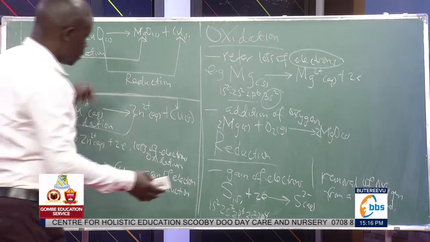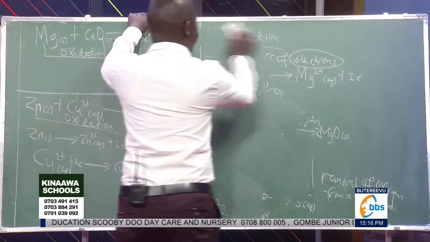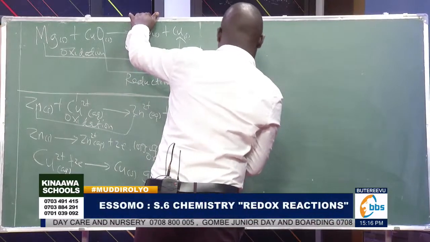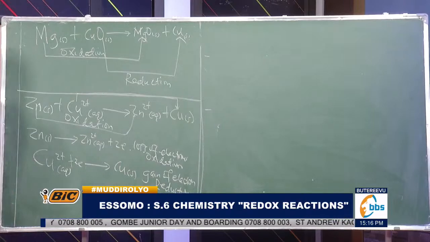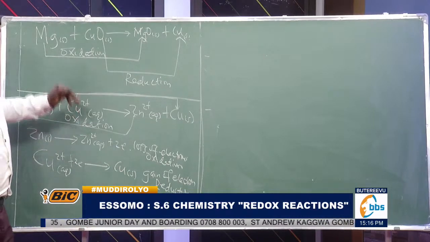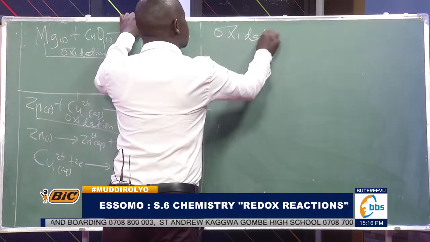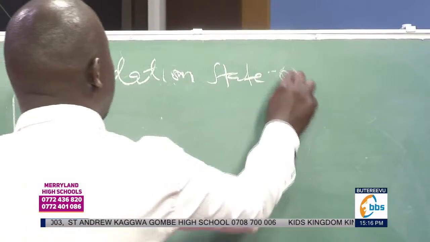Let us look at oxidation states, oxidation number. Now I think the understanding ends here. Let's look at A level now. Oxidation states or number.